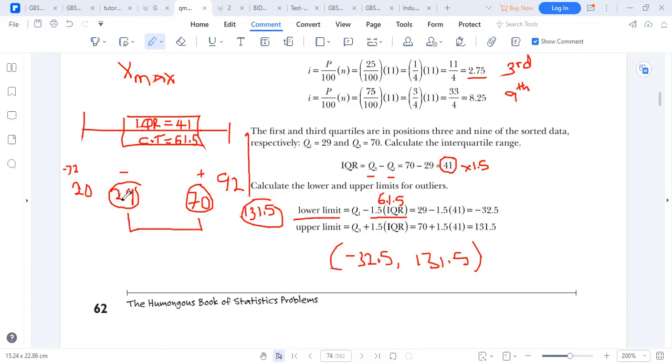It's 29 minus 61.5. So it's Q1 minus 1.5 IQR and Q3 plus 1.5 IQR. I'm just trying to simplify this because most of you forget this. After you find the interquartile range, just multiply it times 1.5. To this end, you add. To this end, you subtract. So 29 minus that, 70 plus that.